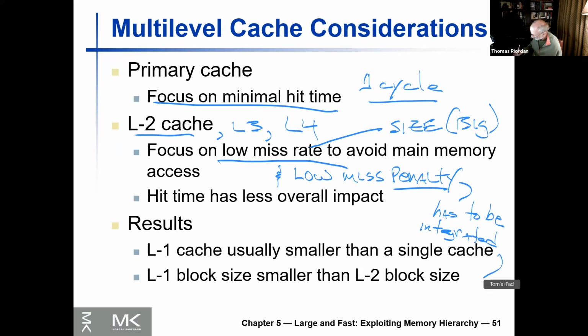Integrated means on the same silicon. So the processor and the caches all have to be this monolithic piece of silicon with a lot of wires going back and forth between them.